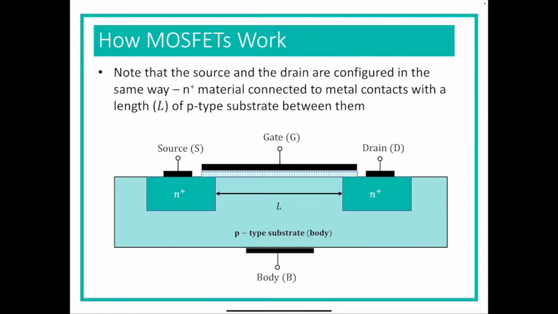You will notice the source and the drain look exactly the same. There is the same kind of doping underneath them, and the same kind of contacts. Technically, you could use this either way, except there's a reason why you usually can't, and that has to do with the body connection occurring inside the device. But in any case, right now they're completely the same.